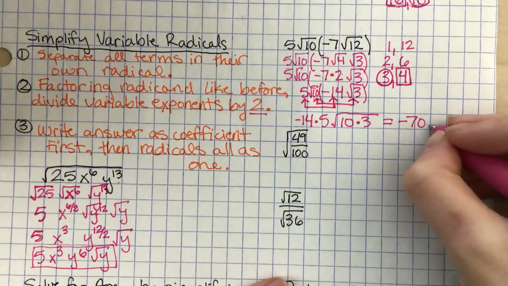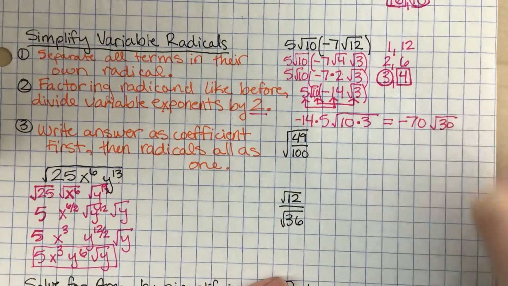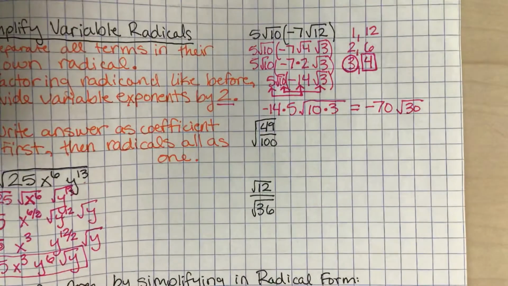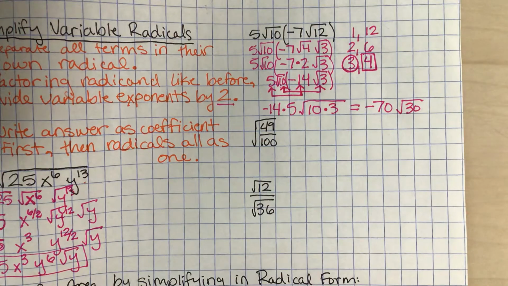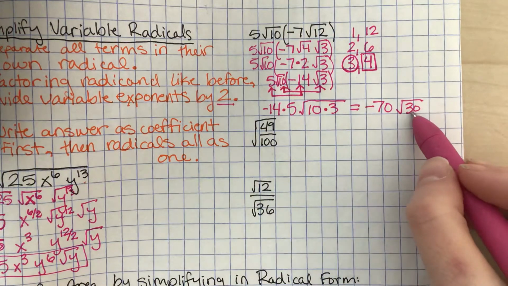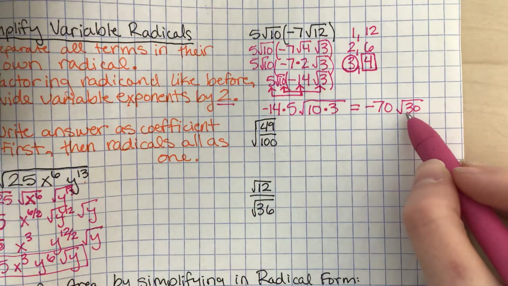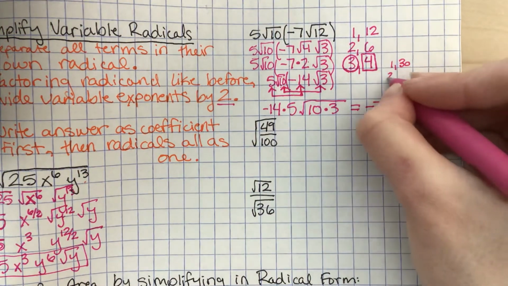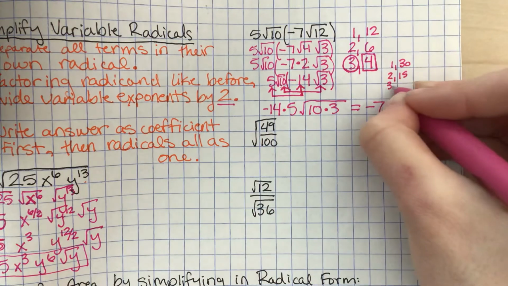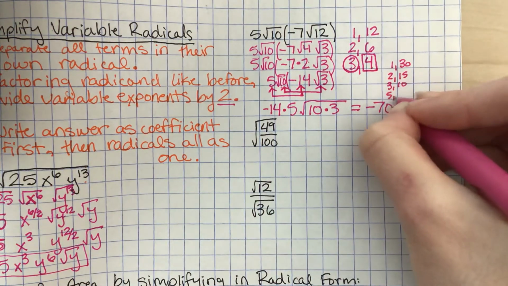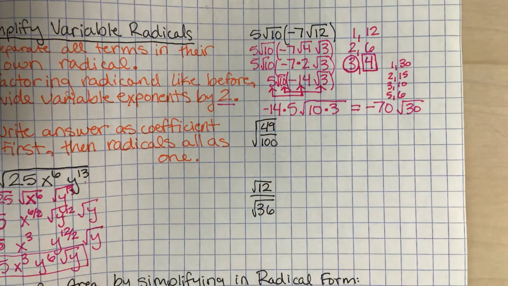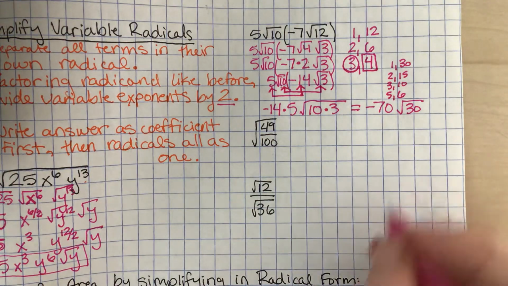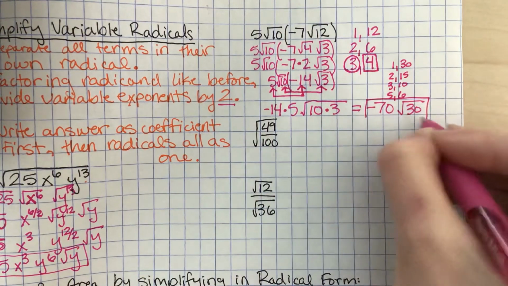And then 10 times 3 gives me the square root of 30. Now, 30 is, again, a special number just like 10 was. 30 does not have any factors that are perfect squares. Its factors are 1 and 30, 2 and 15, 3 and 10, and 5 and 6. So none of its factors are perfect squares, so this is all the farther we needed to go.